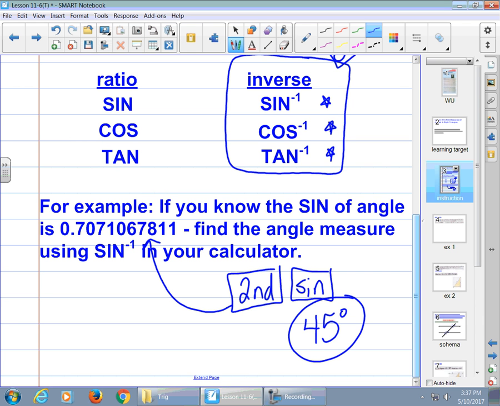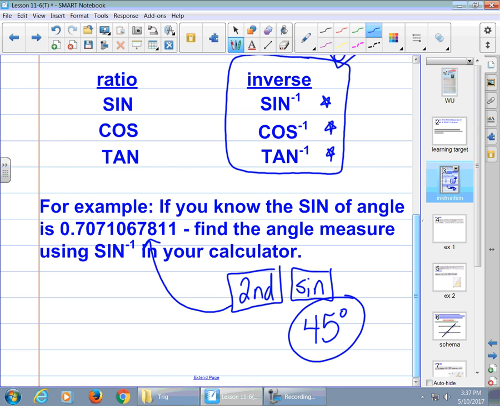Okay. Now remember what I told you about how most of the time sine, cosine, and tangent ratios are going to be messy decimals or irrational numbers. Well, when that happens, like it does here, we want to round to the nearest whole degree. That would make sense.